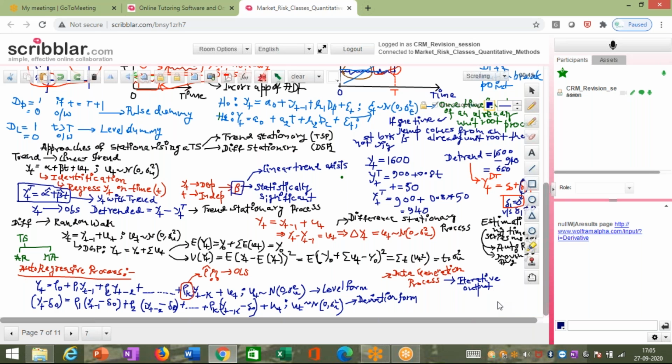So through an iteration process, we can actually obtain the data generation process of an autoregressive time series model.